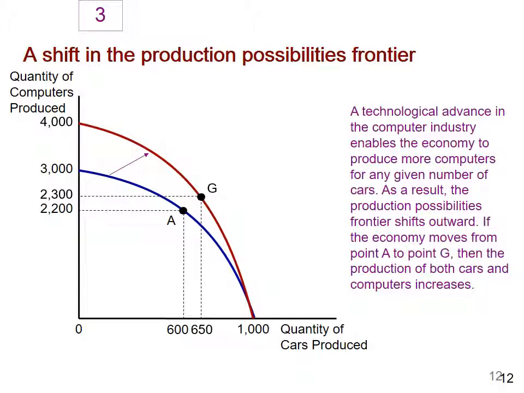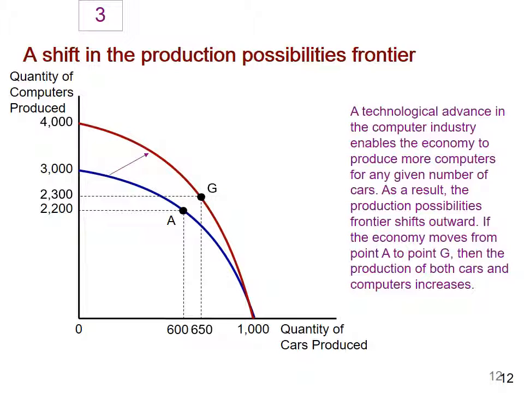As a result, the economy can still produce 1,000 cars if it devotes all its resources to the production of cars. However, if it devotes all its resources to the production of computers, now it can move up to 4,000 computers. This is given by this outward shift in the PPF.